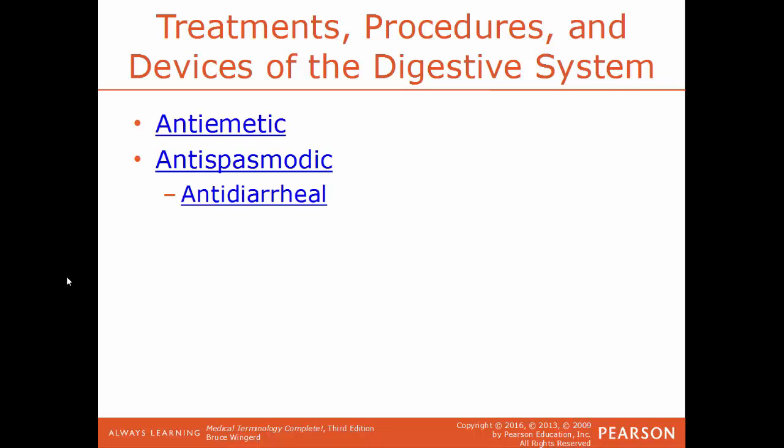And if that material moves too quickly, water can't be absorbed by the large intestine. So the stools end up being very watery. So if we slow down the activity of the large intestine, that material will move through it more slowly, giving your body the chance to absorb the water that it needs.